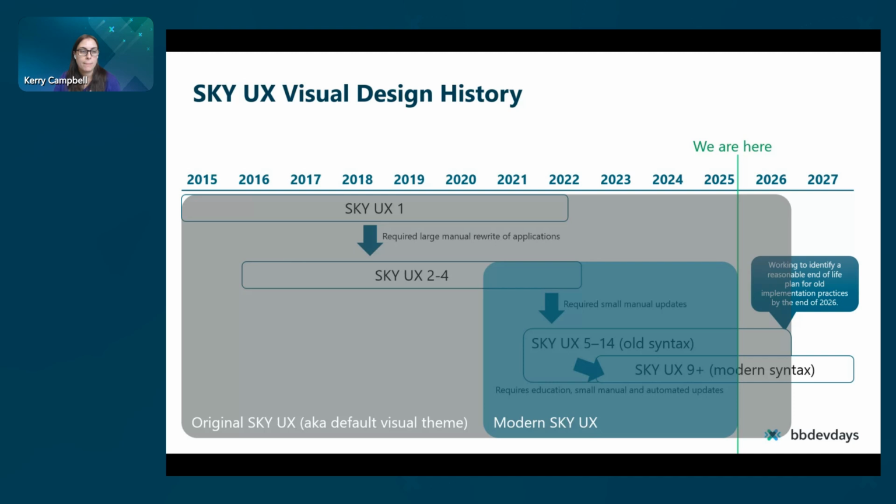So right now, where we are here in this line, you can build a SkyUX SPA with the old syntax and get the default visual theme. You can use the new modern syntax, the right way, ideally, to be building things, and you can choose modern or default visual theme.